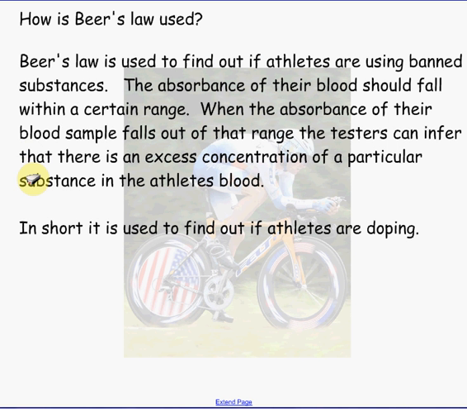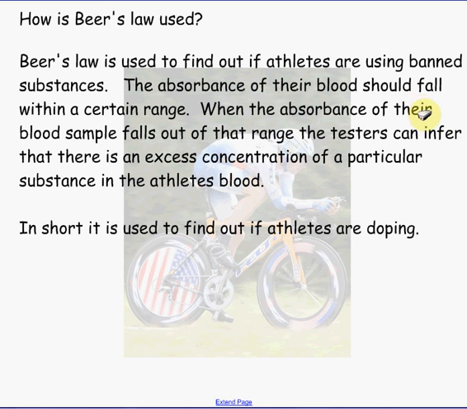So how is Beer's law used? Beer's law is used to find out, in some instances, if athletes are using banned substances. This is done by finding out the absorbance of their blood, which should fall within a certain range.